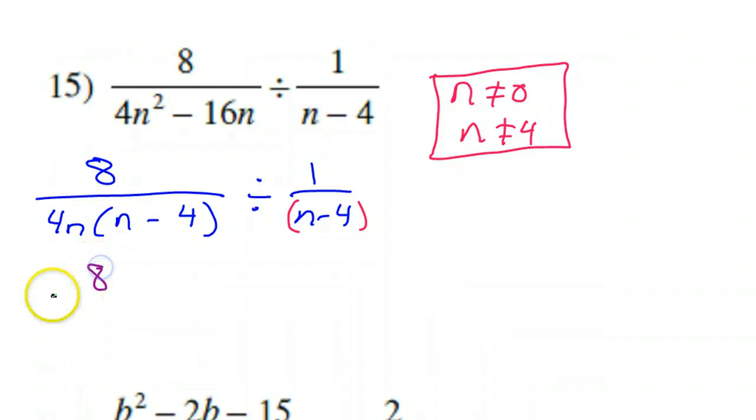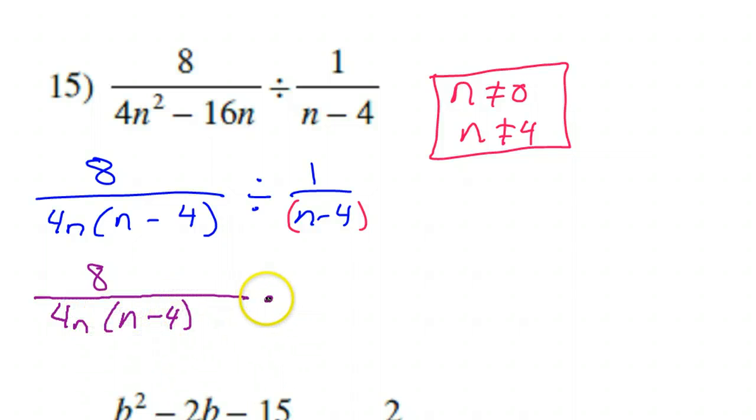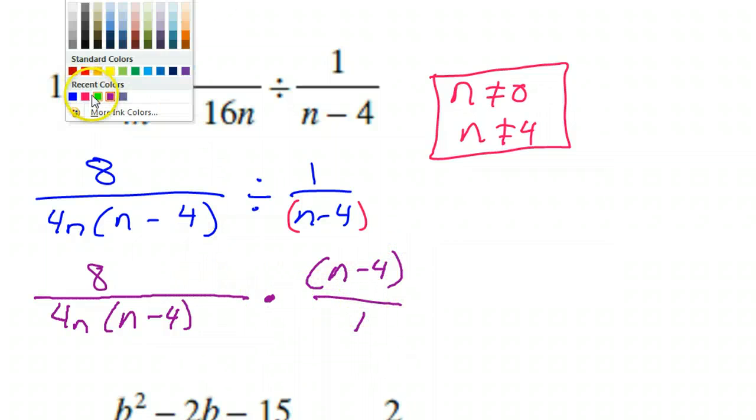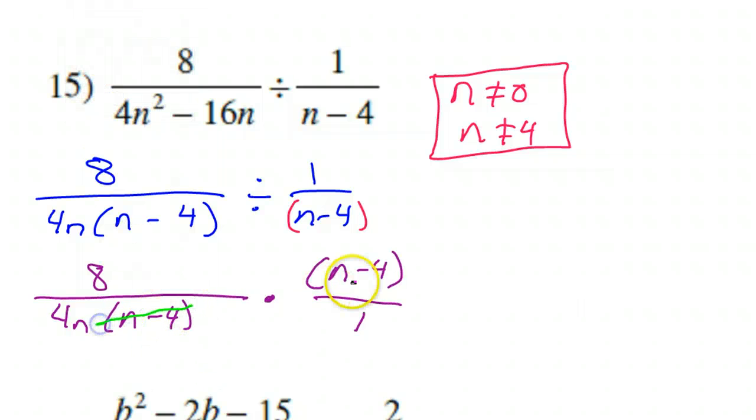So that'll give me 8 over 4n times n minus 4, times n minus 4 over 1, multiplied by the reciprocal. Now the n minus 4's are going to cancel out.